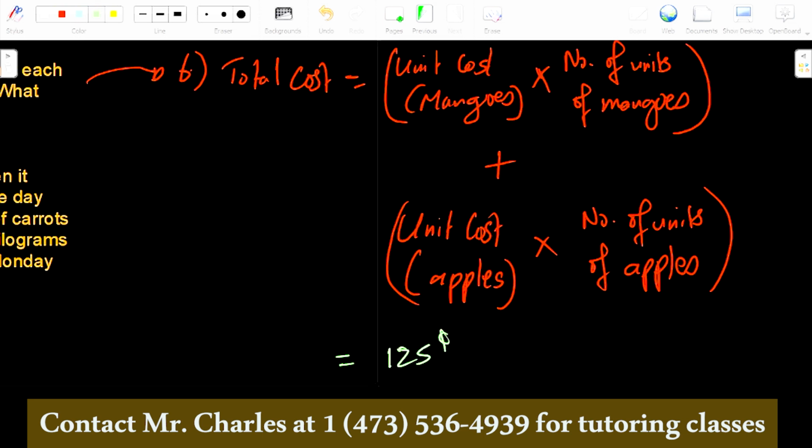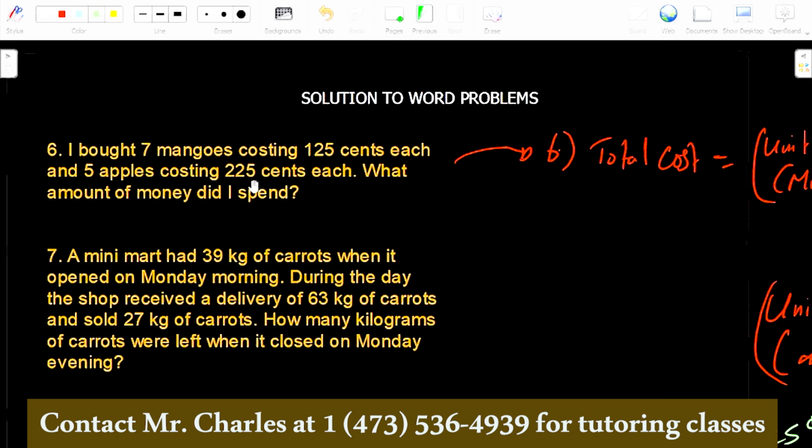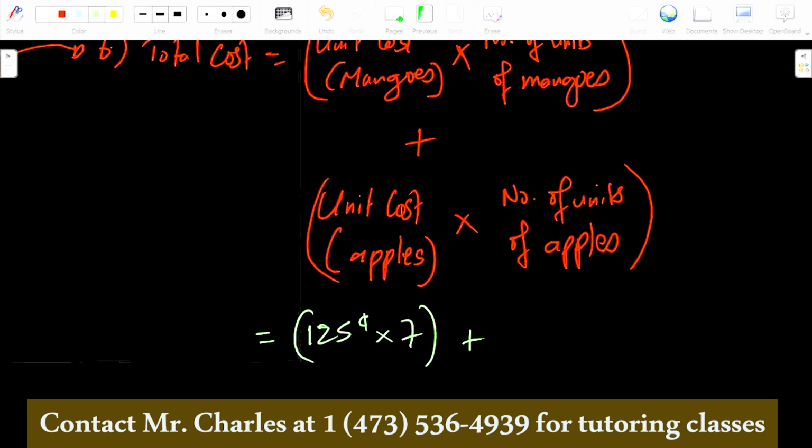And then for apples it's 225 cents times 5, because 5 apples were bought.